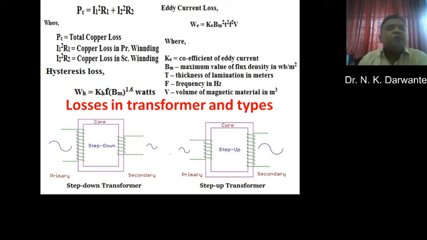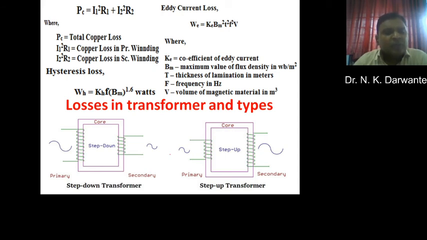If we use more windings in the primary and fewer windings in the secondary, that type of transformer is known as a step down transformer. And vice versa, if we use fewer windings in the primary and more windings in the secondary, that is known as a step up transformer. Now, one minute.